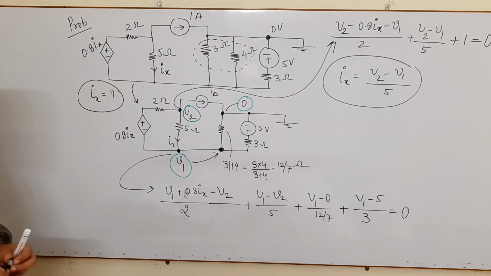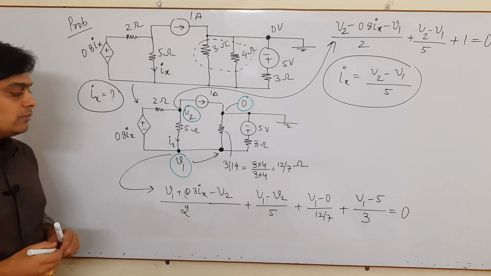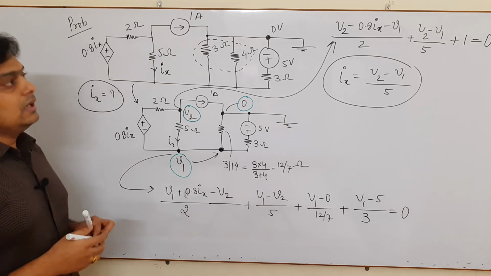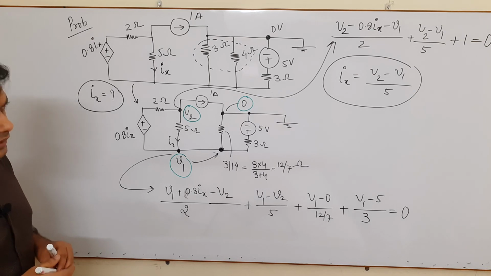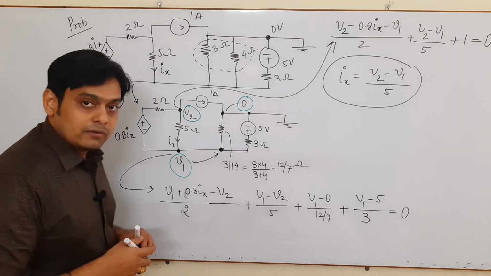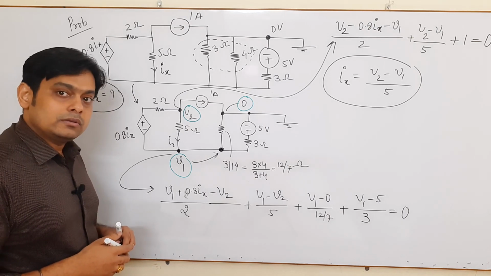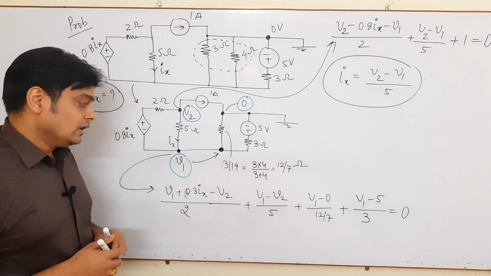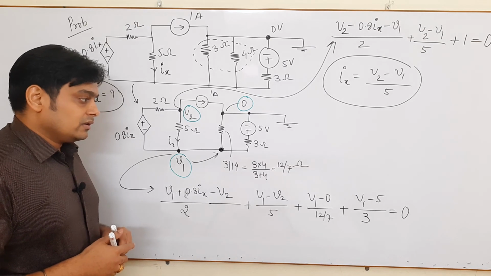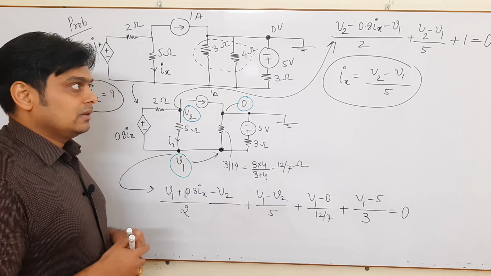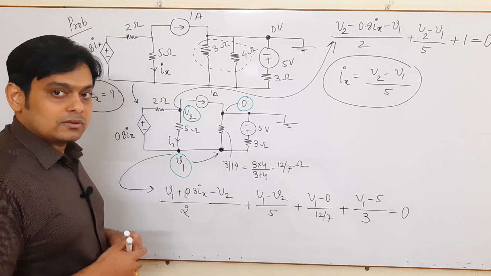Yes, the value of Ix is V2 minus V1 upon 5. It means if you know the value of V2 and V1, one can easily find the value of Ix. Now our next task is to find the value of Ix. We will see how we find it.